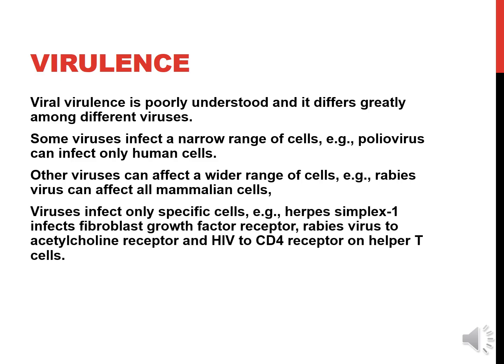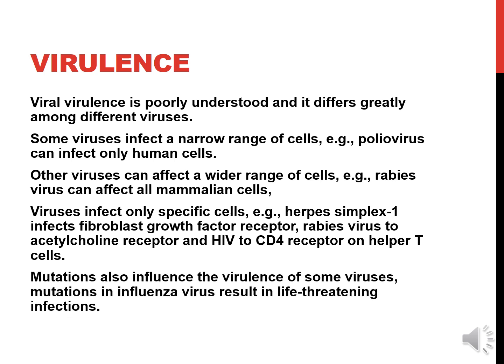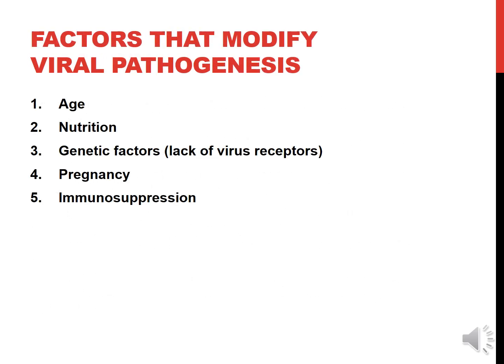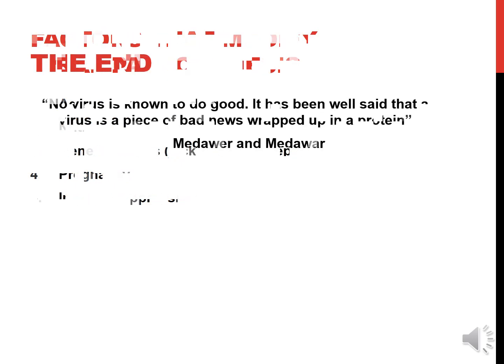Viruses infect only specific cells, for example Herpes simplex 1 infects the fibroblast growth factor receptor, rabies virus the acetylcholine receptor, and HIV the CD4 receptor on the T helper cells. Mutation also influences the virulence of some viruses like influenza, which may result in life-threatening infections. Factors that modify viral pathogenicity are age, nutrition, genetic factors, pregnancy, and immunosuppression.